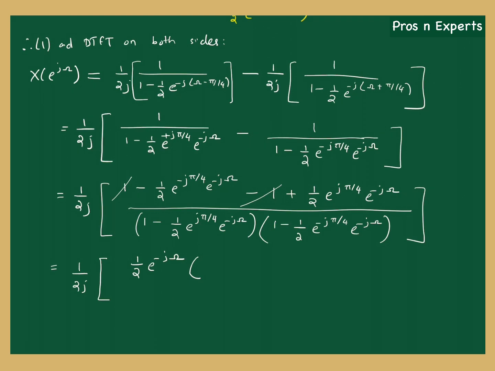So the remaining is e raised to j pi by 4 in this term minus e raised to minus j pi by 4 in this term.